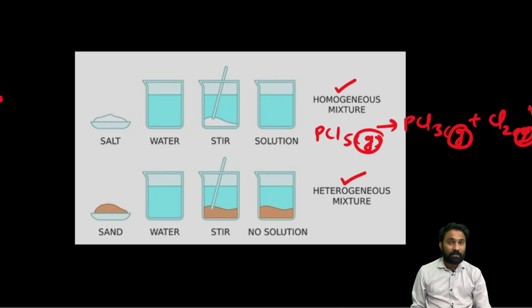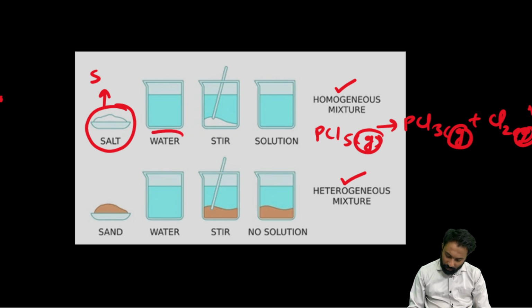Now in our solutions case also, you can see this is salt. Salt is in the solid state. Now this is our water, which is in the liquid state. If I add this salt to water, what happens? This salt has become uniformly mixed in the solution, right?